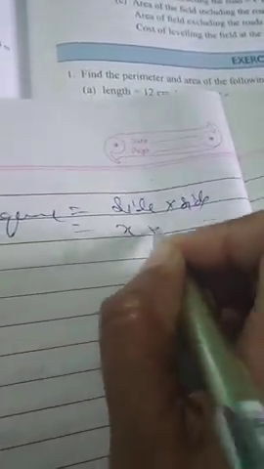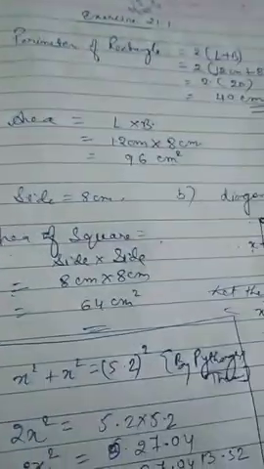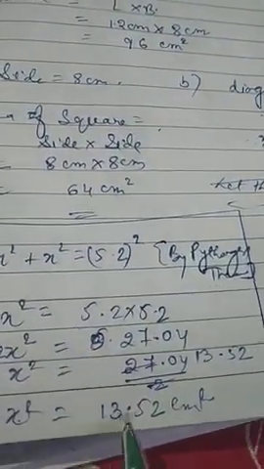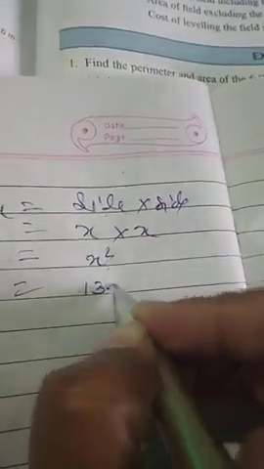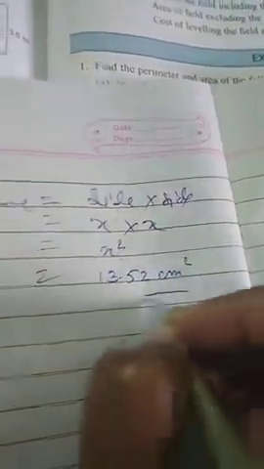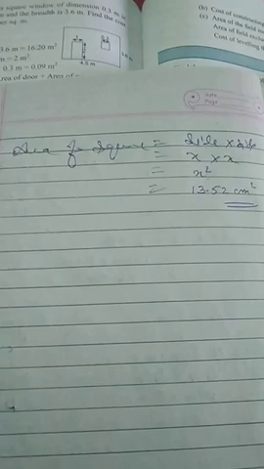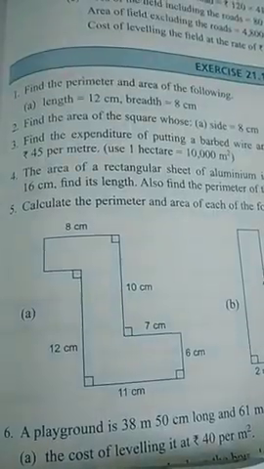That is x into x, because x was the side. X into x, that is equal to x square, and x square value is 13.52. So we will write here 13.52 centimeter square is the answer. Got it?